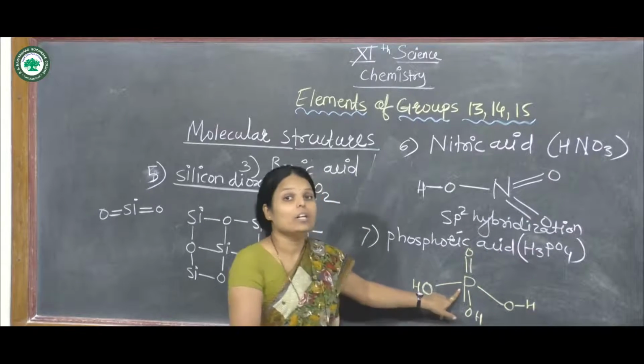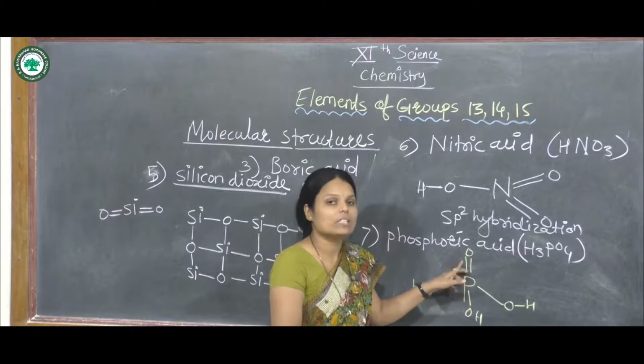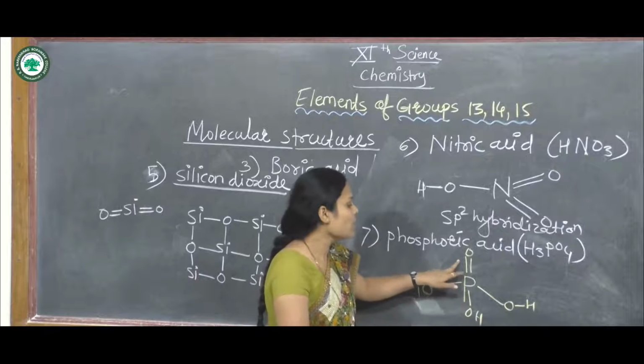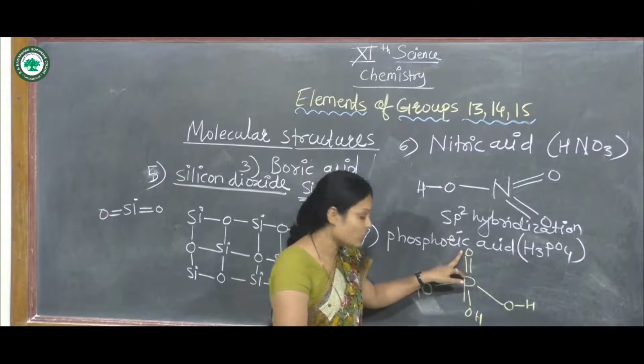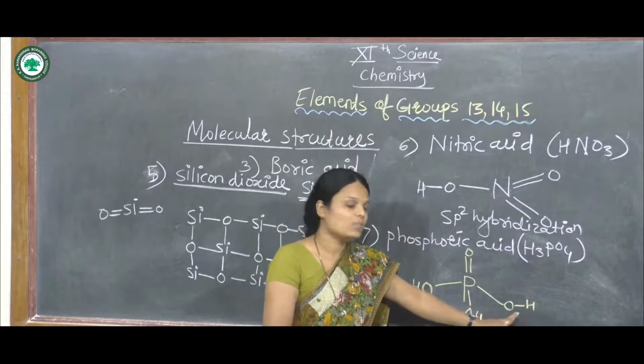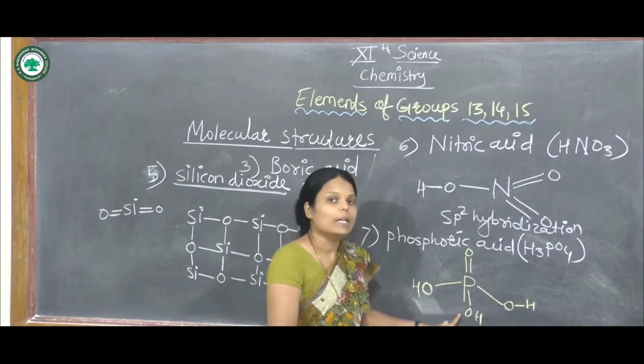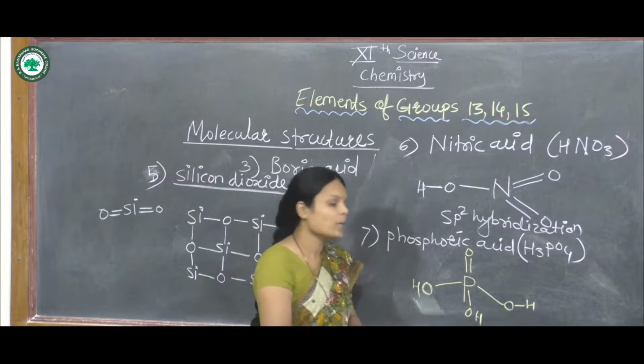In that structure, phosphorus is the central atom. Oxygens are attached to the phosphorus, meaning phosphorus has a double bond to O, then a single bond to O, and this O is attached to hydrogen. Now here phosphorus is attached to oxygen, and on that oxygen a hydrogen atom is attached.